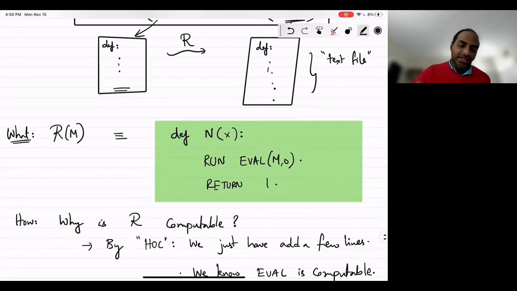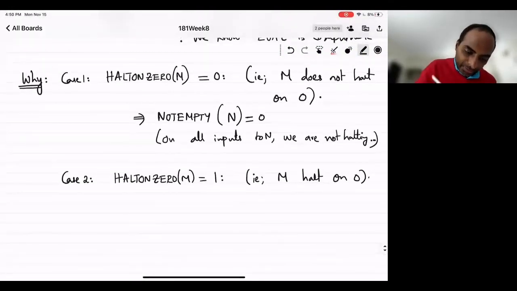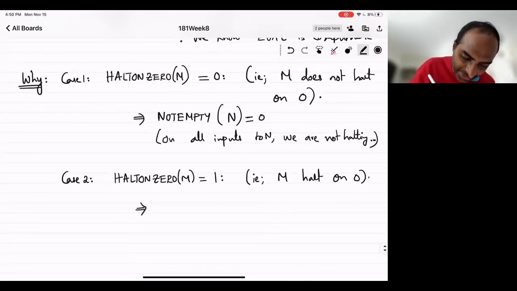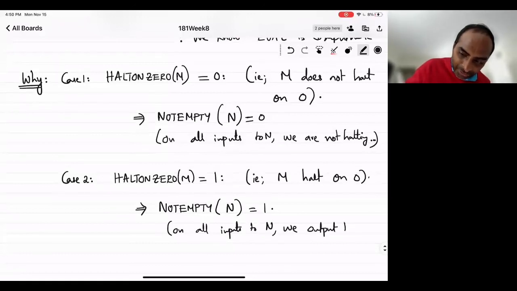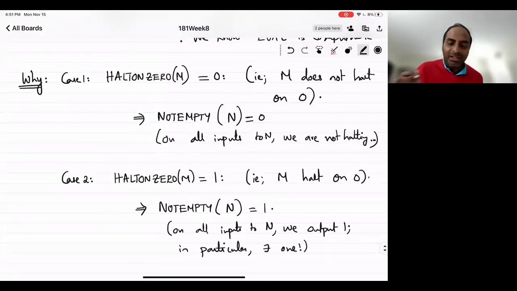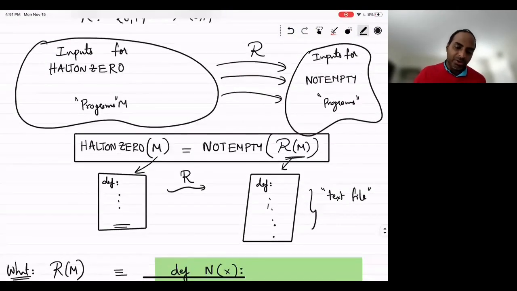In particular, there is some input to N which makes it output 1. So in this case, we have not empty of N equals 1. It's kind of a silly way of saying there is at least one input on which N outputs 1. Okay, so we have this equality now.